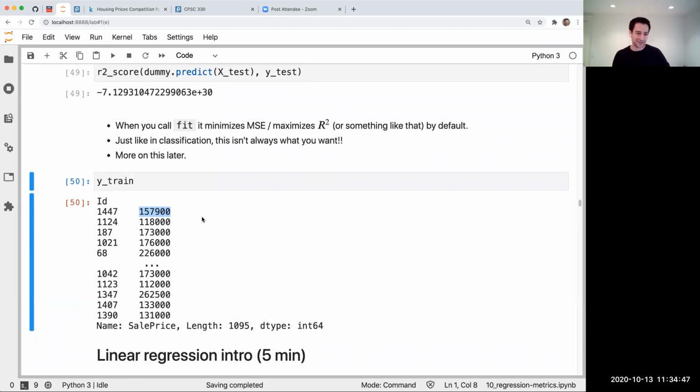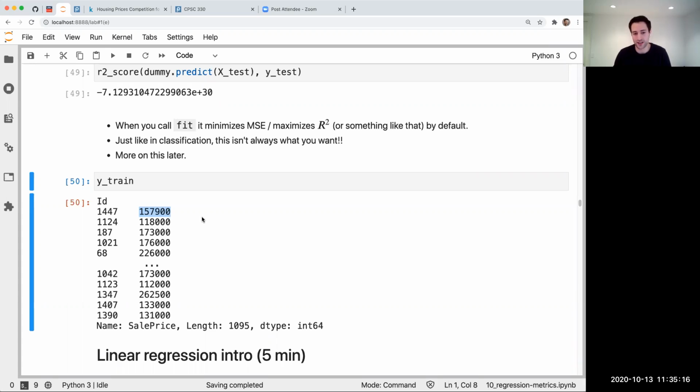Yeah, so why are they negative? I wouldn't worry about the negative thing. It's a quirk of the definition of R squared, and if you just make extremely bad predictions, you can actually get something that's negative. That is even worse than 0, but in most of our lives, we're going to be living in between 0 and 1.